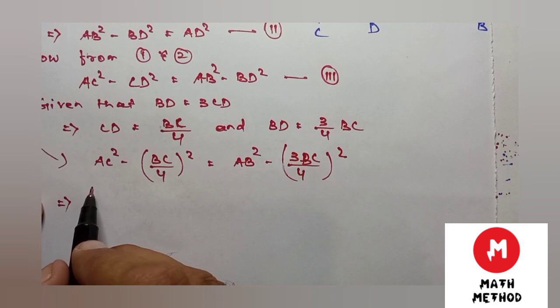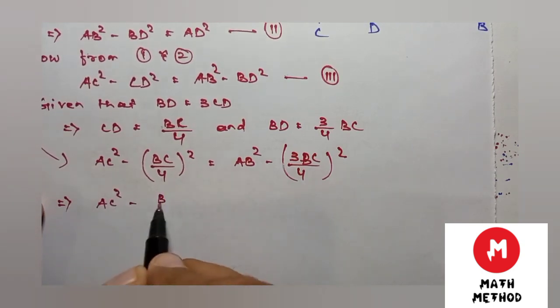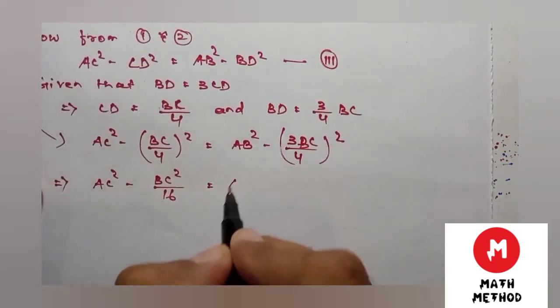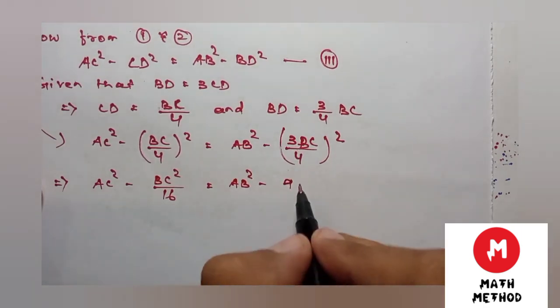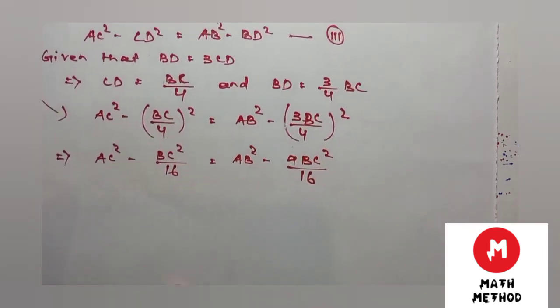It implies AC square minus BC square upon 16 is equal to AB square minus 9 BC square upon 16.